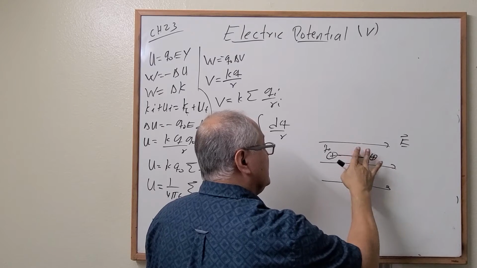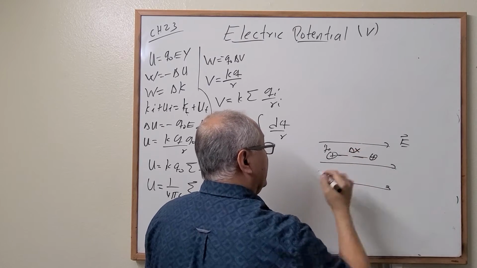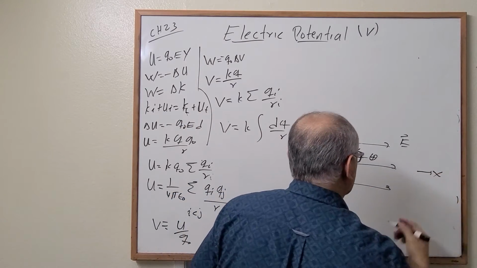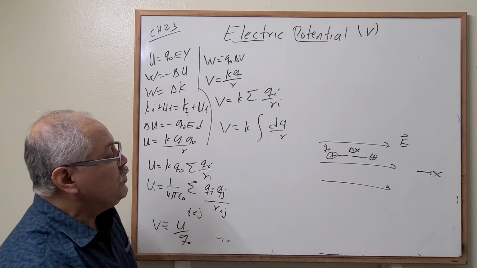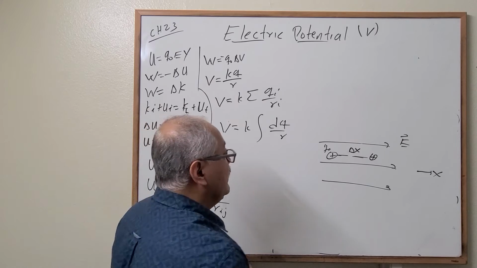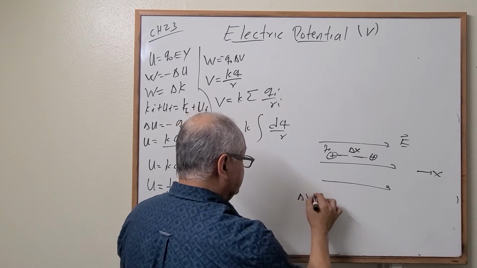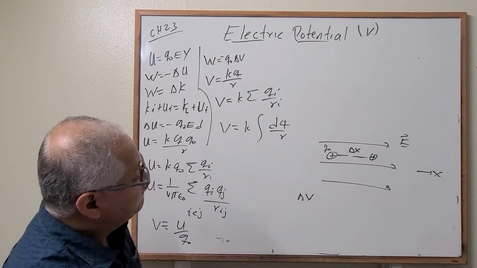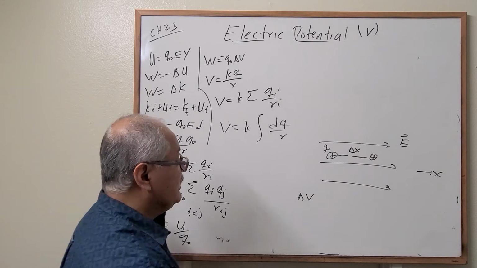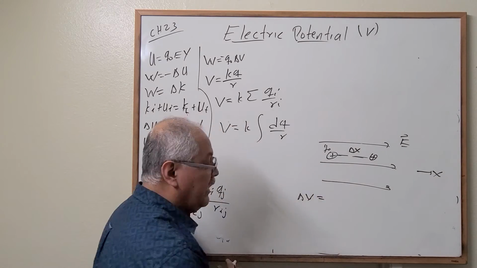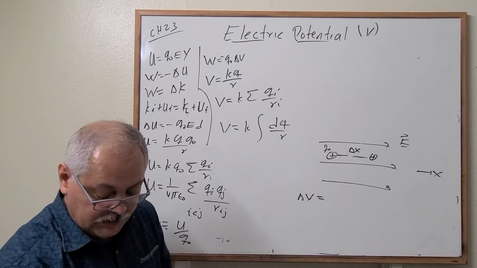We can use x, d or delta x, because imagine this is in the x direction. In this case, what should be the potential difference or voltage? How can I find this potential difference or voltage?